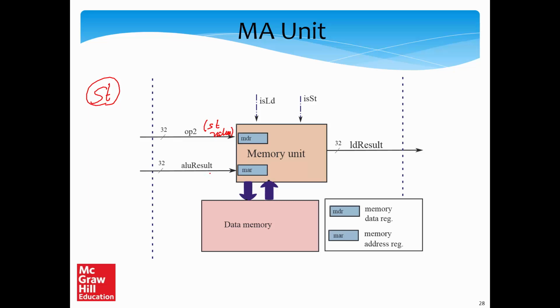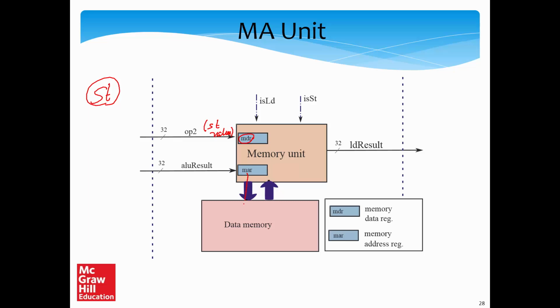The ALU result field contains the address for both loads as well as stores. In this case, the address gets stored in the MAR register inside the memory unit, which is not visible outside. So it's just a staging area. And the data that needs to be stored is stored in the MDR register, which again is a staging area.